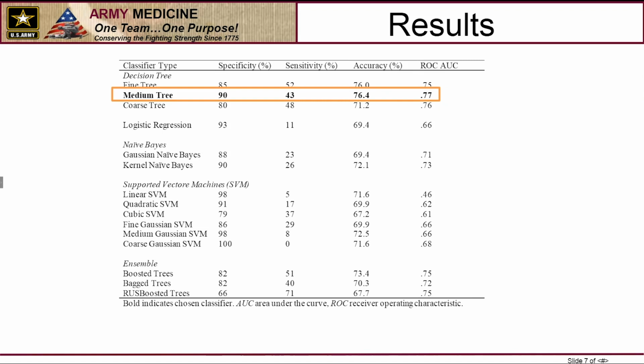One might be asking themselves, well, 77%, that leaves a 25% gap. And this is true. However, when we look globally at the screening tools that are currently being used across urology, PSA, for example, the area under the curve is around 75%. And you might be saying, well, PSA is antiquated.